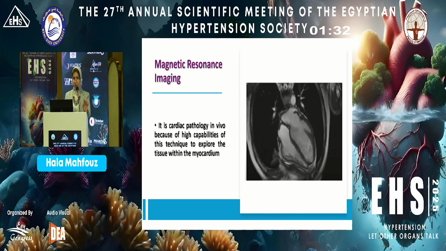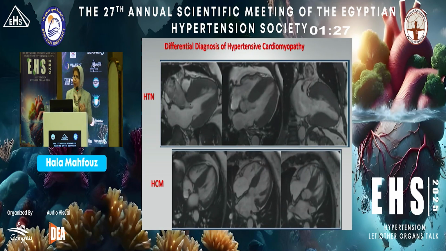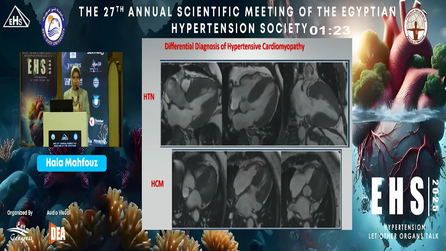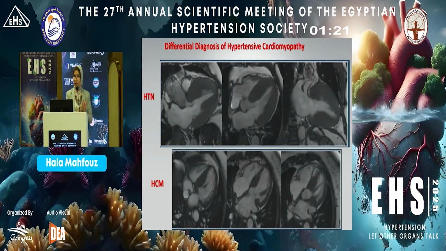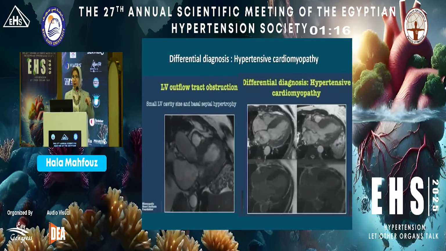Now the MRI, very briefly. We use MRI initially for differential diagnosis of patients having left ventricular hypertrophy, especially if severe, due to hypertension or due to other entities causing left ventricular hypertrophy like hypertrophic cardiomyopathy or athlete's heart or amyloid.